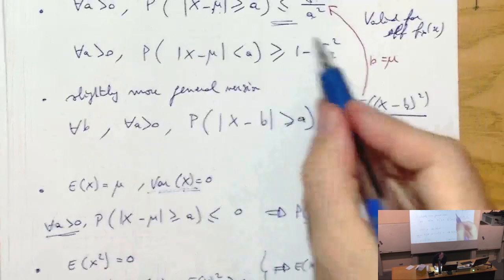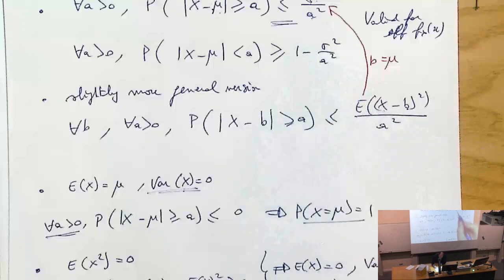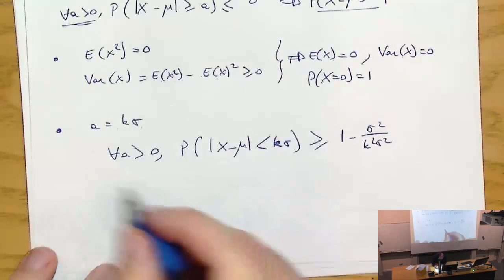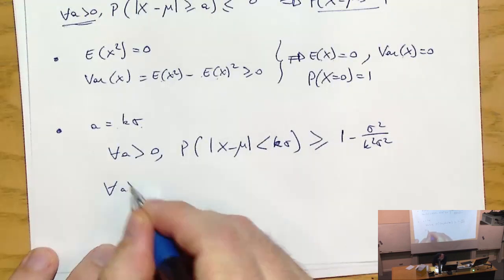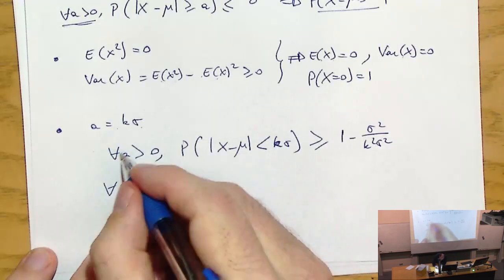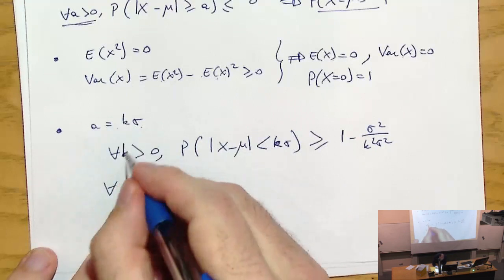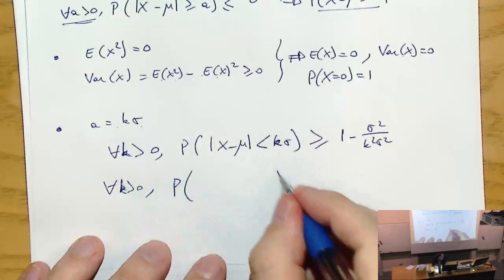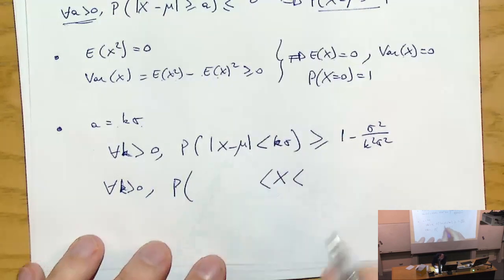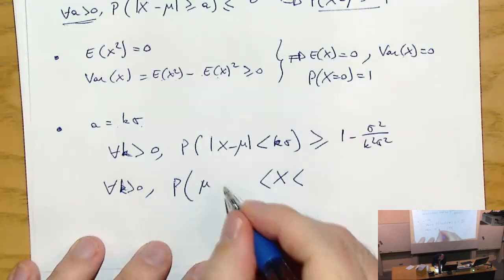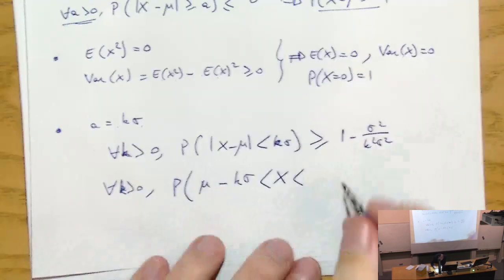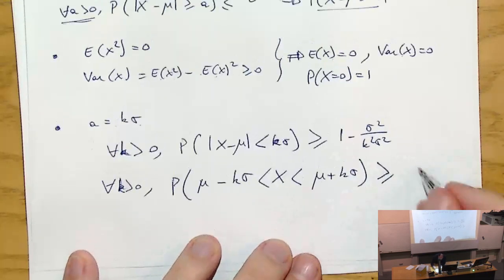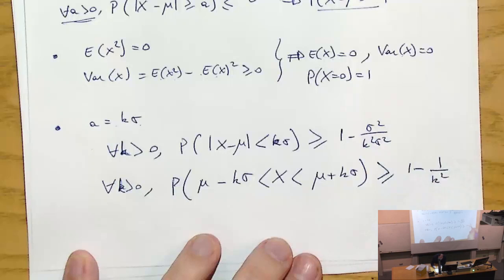So I'm just using this relationship here where I replace a by k sigma. So what that means is that for all a positive, or for all k, because here a is equal to k sigma, for any values of k, the probability of having x being between mu minus k sigma and mu plus k sigma is larger than 1 minus 1 over k squared.